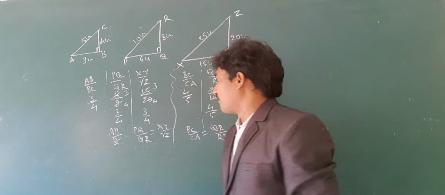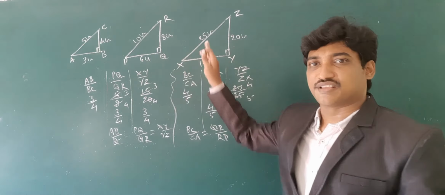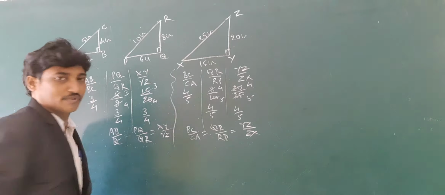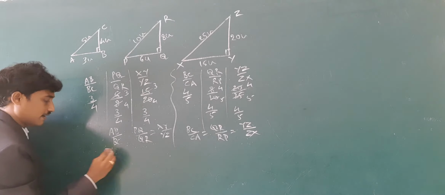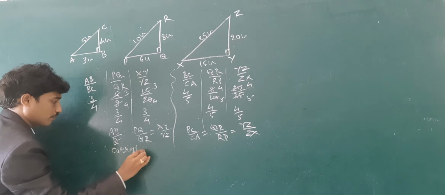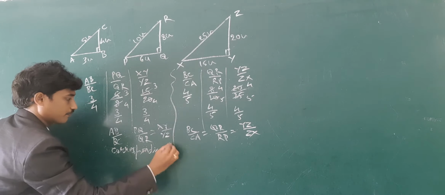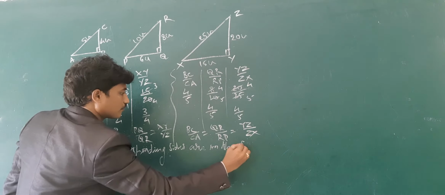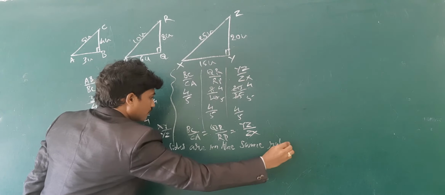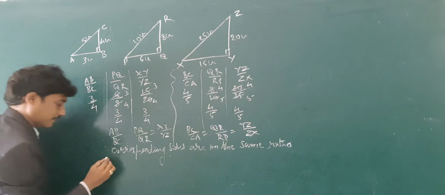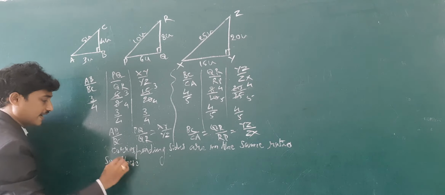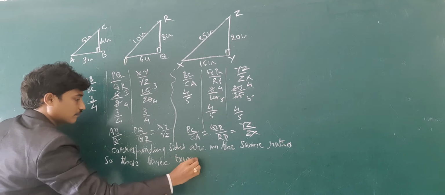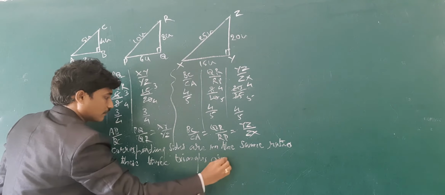From this we can say that corresponding sides are in the same ratio, so these three right angle triangles are similar triangles.